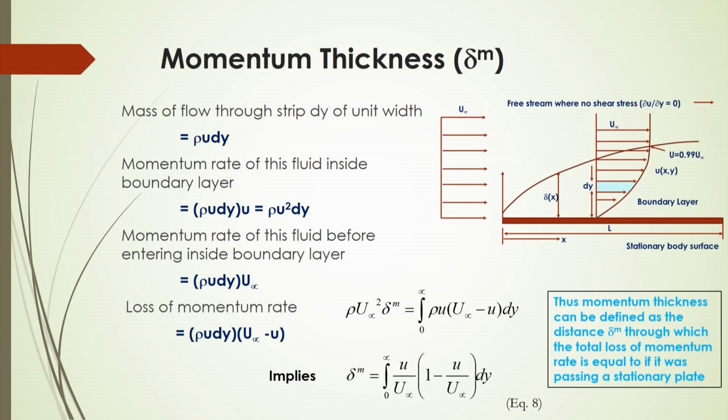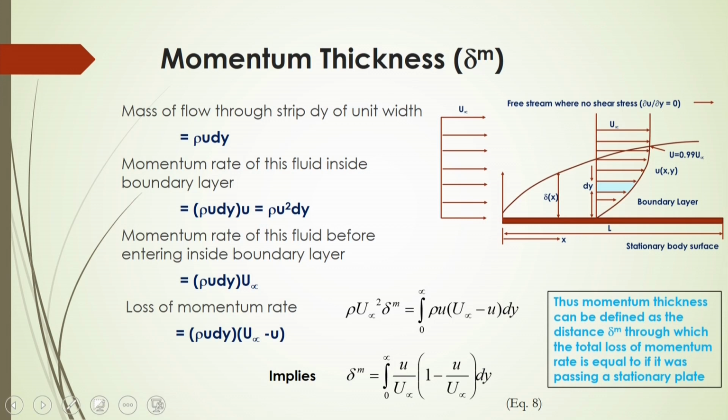Now, what will be the momentum thickness? Similarly, if I do not place this stationary body surface there, what will be the mass flow through a strip dy of unit width? It will be rho u into dy. Then the momentum rate of this fluid inside the boundary layer will be rho u dy into u, equal to rho u square dy.